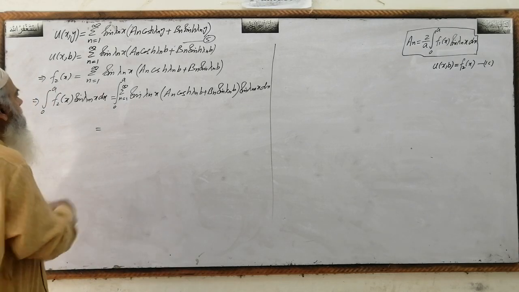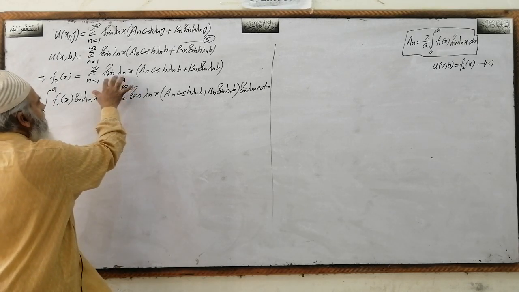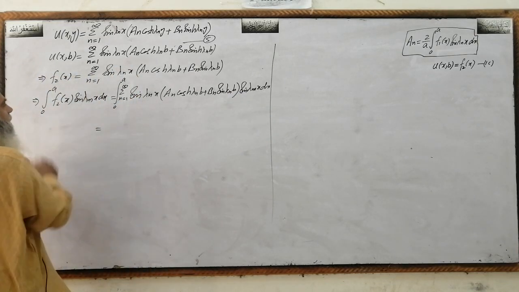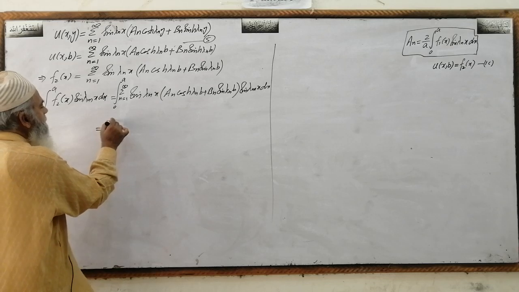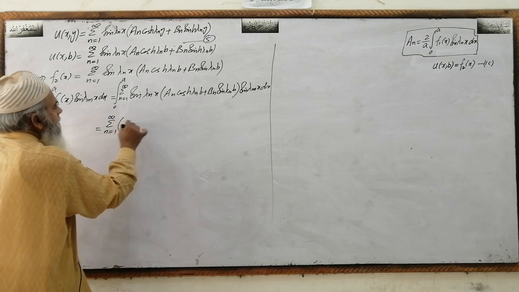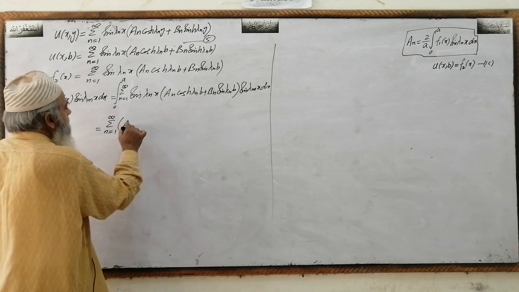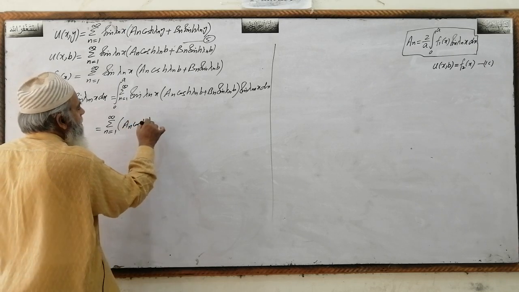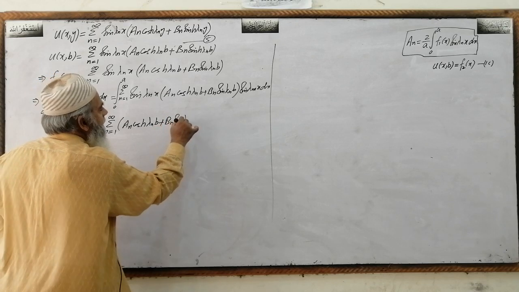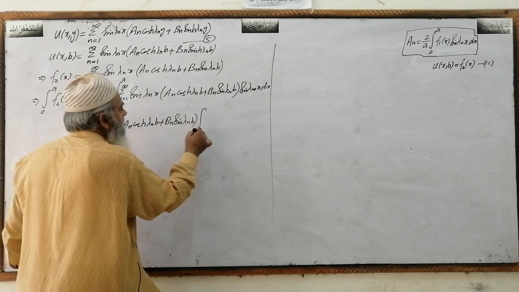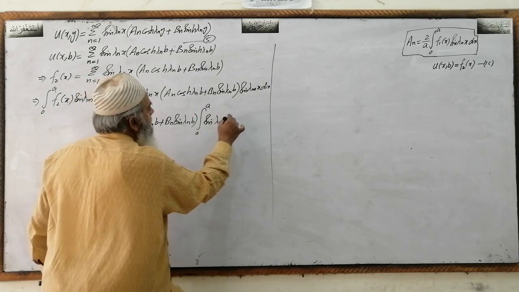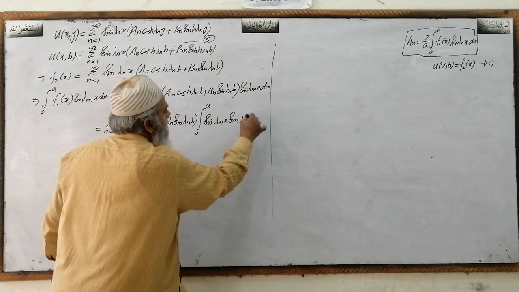While we are integrating this factor by multiplying with sine lambda m x and integrating from 0 to a, as we did on the left hand side, we can write it as sigma n varies from 1 to infinity, and this term can be taken outside the integral, [an cosh lambda n b plus bn sinh lambda n b], and then we place here integral 0 to a sine lambda m x sine lambda n x dx.